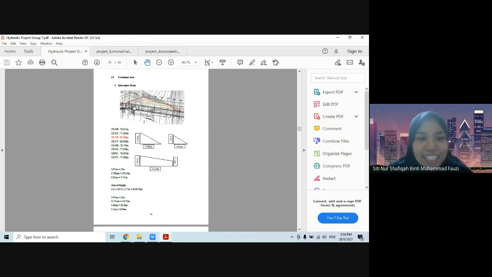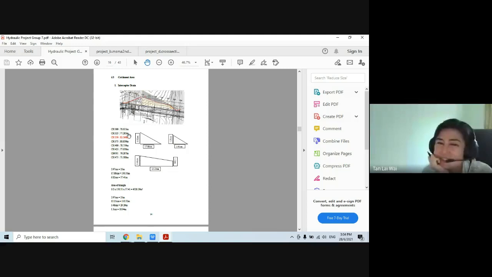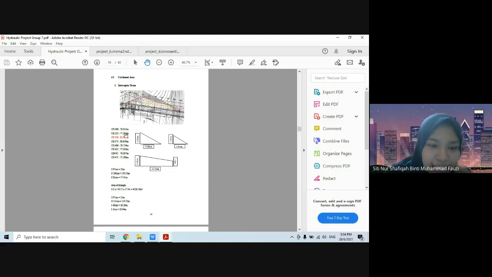Okay, macam ni untuk saya tentukan interceptor drain, kita tengok dekat finish level, dekat cross section. So untuk interceptor drain, chainage yang ada daripada 300 sampai 475. Kalau tengok kat sini warna merah ni, chainage 350 ni adalah finish level yang paling tinggi. Bermaksud aliran akan ada ke kiri dan ke kanan.